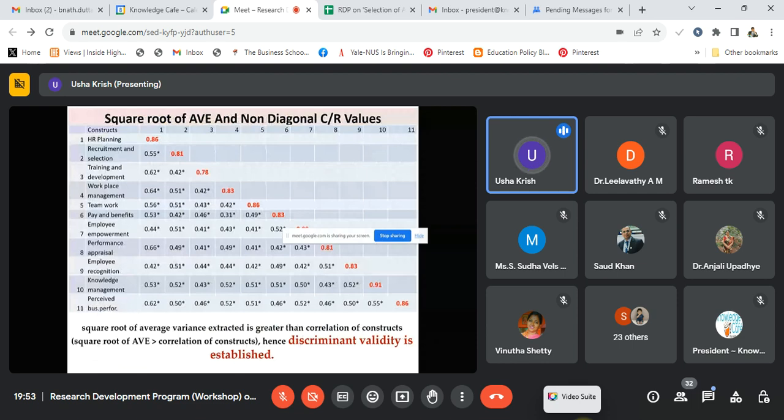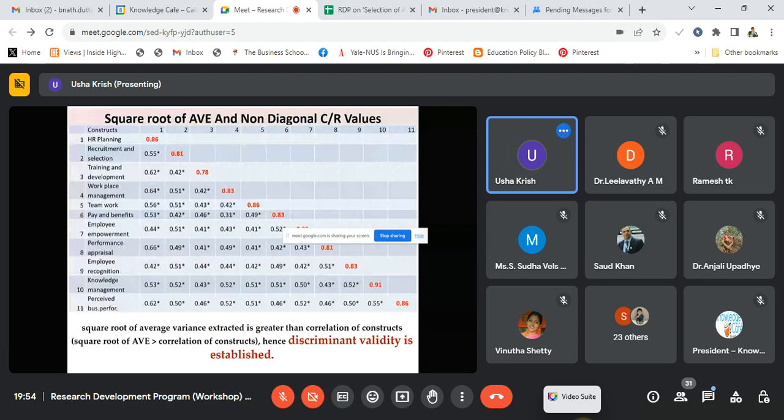In the table you can see the square root of AVE value is more than the correlation values, which is put in black color in each column. It is more. So we can say that the discriminant validity test is fulfilled. That is the thing we need to do with regard to this test.